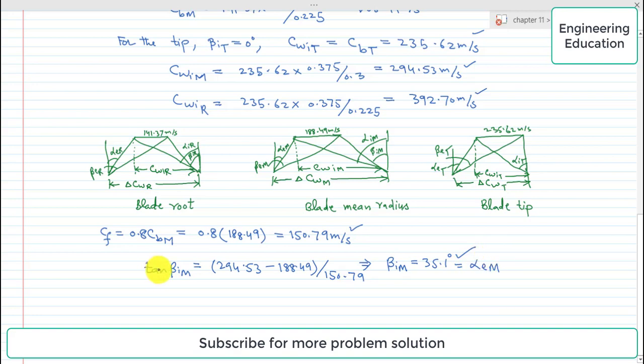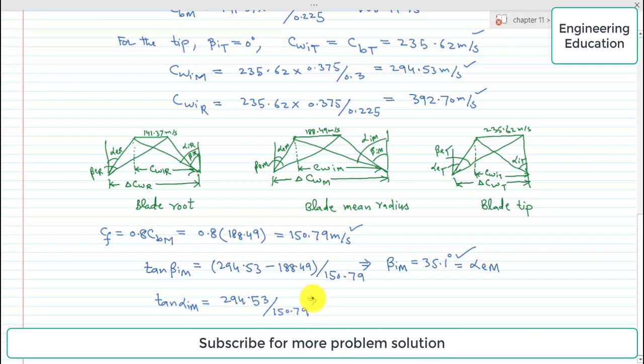Also, from the blade mean radius velocity diagram, tangent alpha Im is equal to 294.53 divided by 150.79.